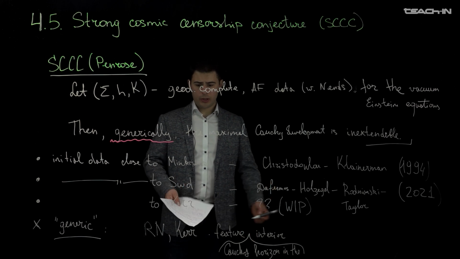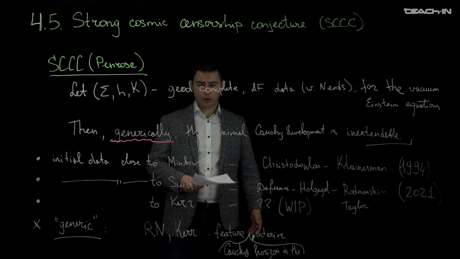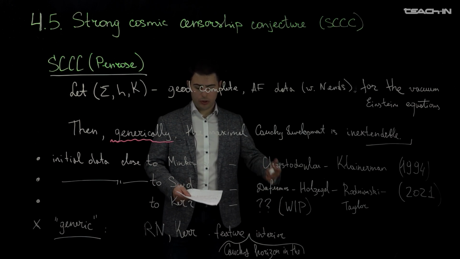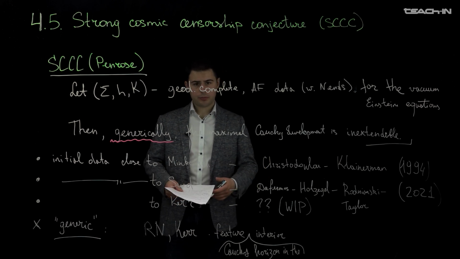It is still believed that a generic initial data set sufficiently close to Reissner-Nordstrom and Kerr would still produce an inextendable maximal development.